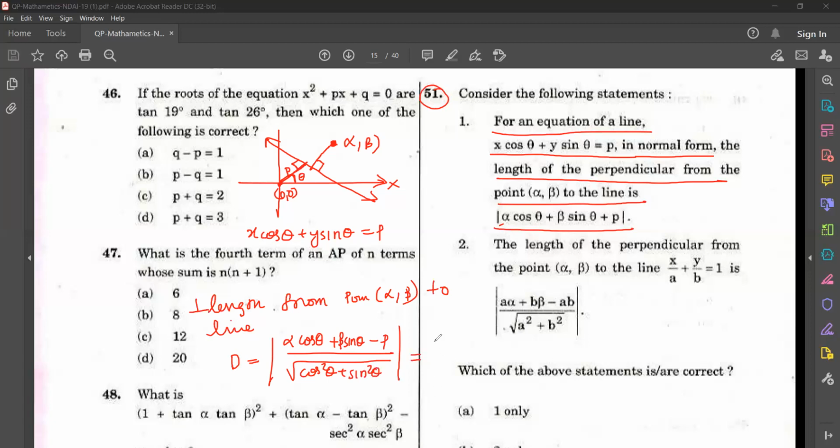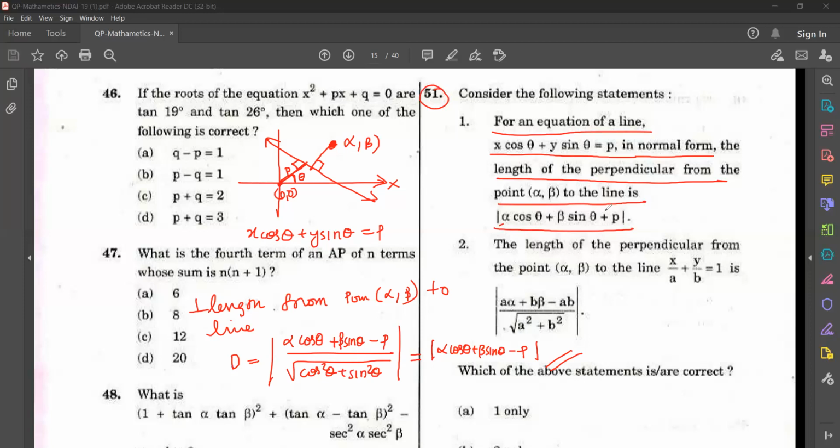Now what will you get? You will get modulus of alpha cos theta plus beta sin theta minus p. That is the perpendicular distance from a point alpha comma beta to a given line.